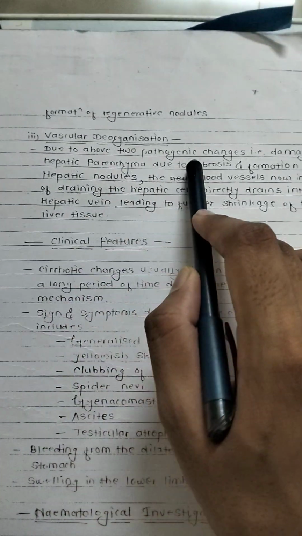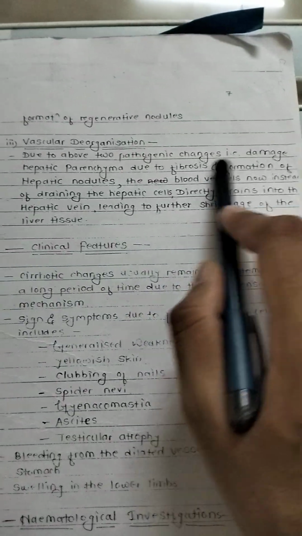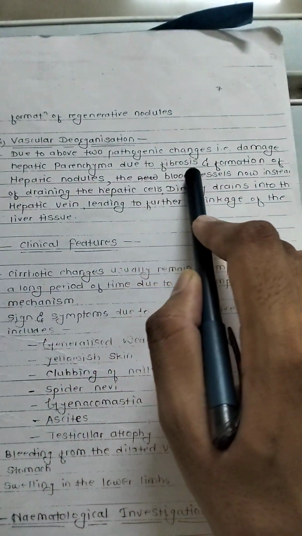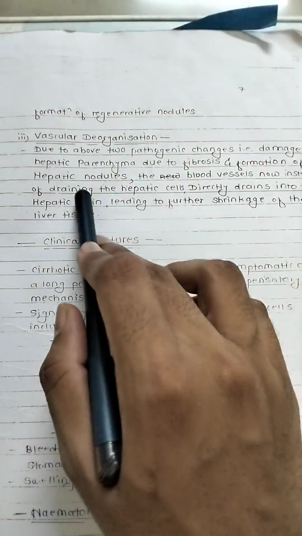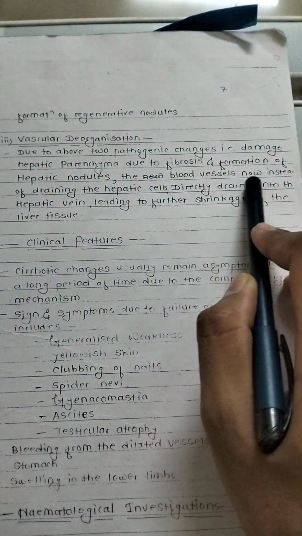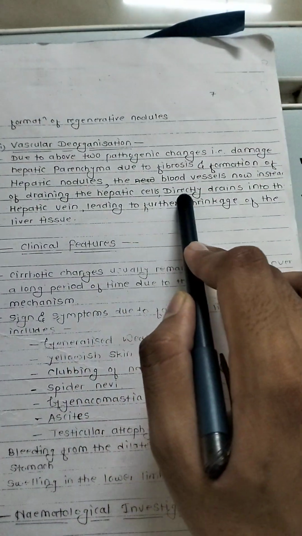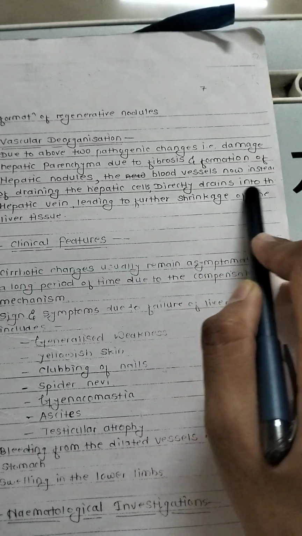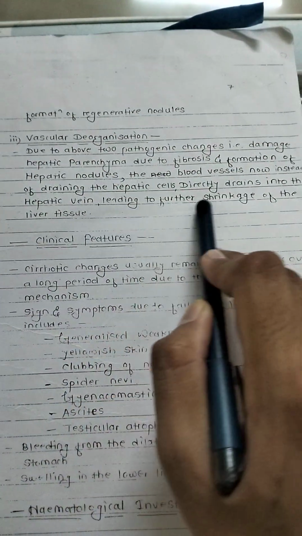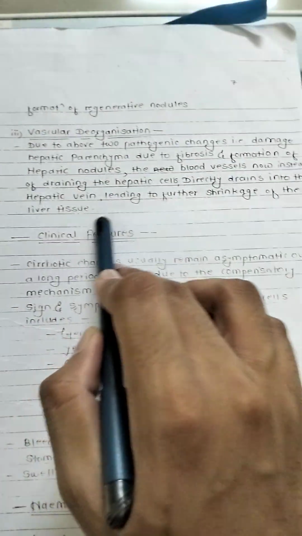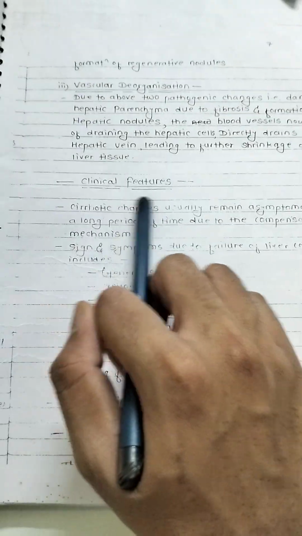Due to the above two pathogenic changes, the hepatic parenchyma is damaged due to fibrosis and formation of hepatic nodules. The blood vessels now, instead of draining through the hepatic cells, directly drain into the hepatic vein, leading to further shrinkage of the liver tissue.